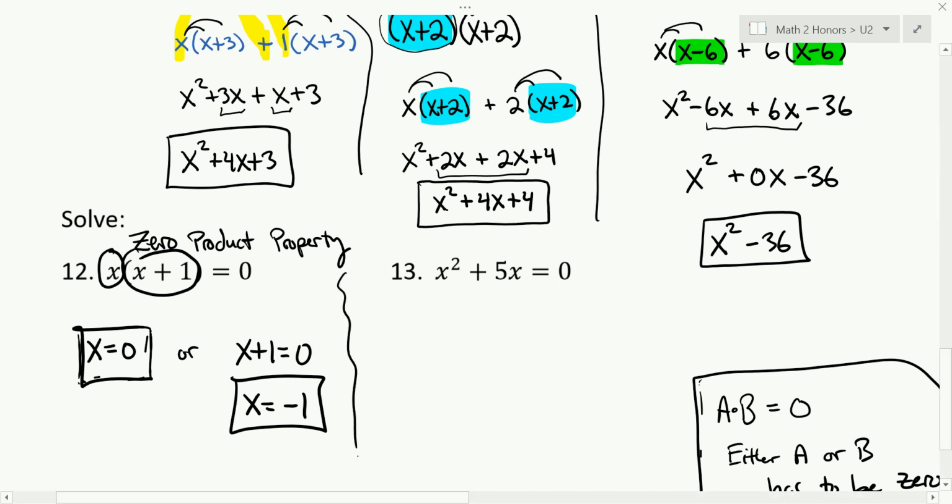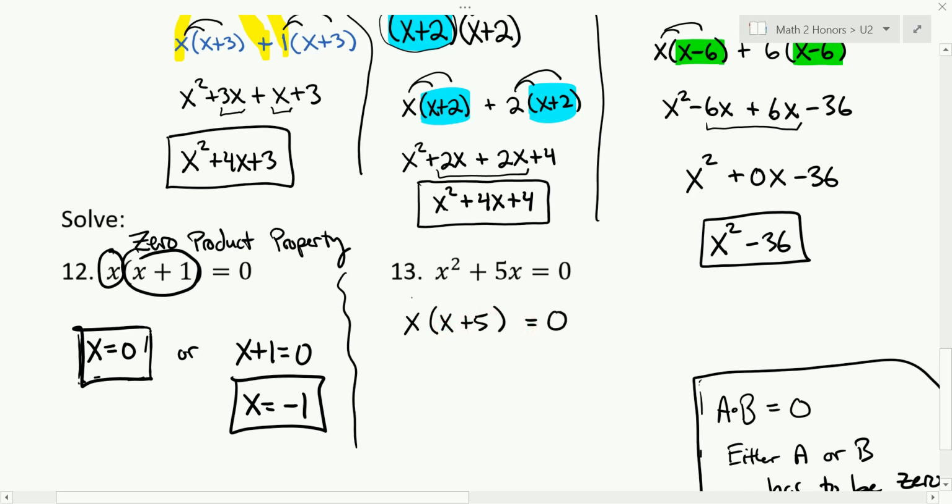So on 13, we don't have the a times b setup here. We don't have a product of two things equal to 0, do we? But we can make a product of two things. How? By using the distributive property and factoring. What can I factor out of these? An x. And what's left? If I divide x squared by x, what do I get? x plus 5 equals 0.